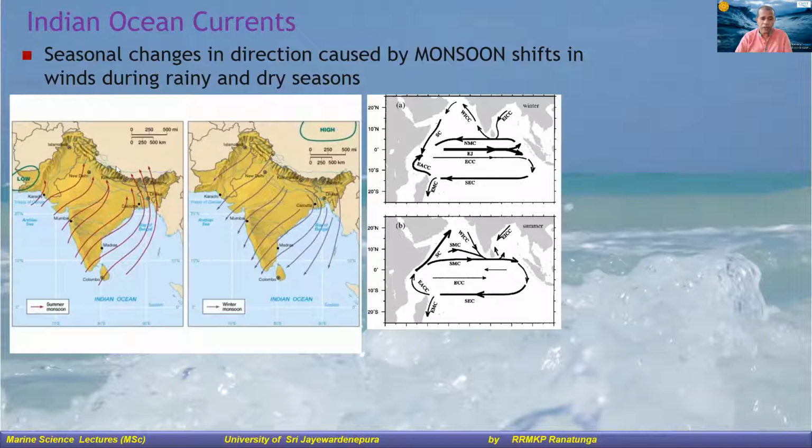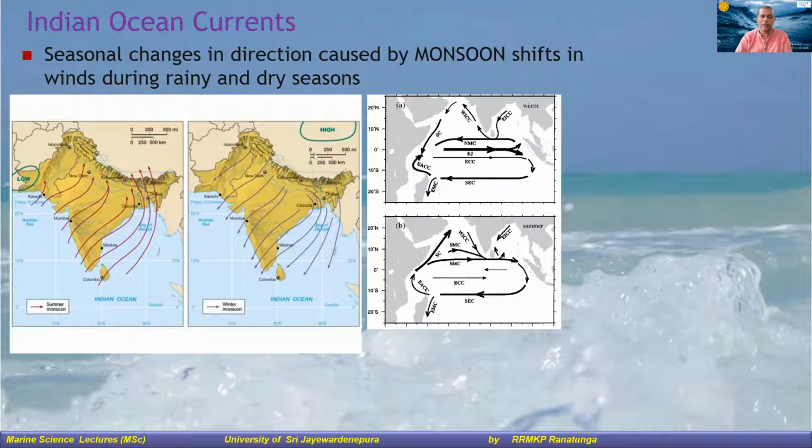Sorry, this is the other way around. When the overhead sun is in the Indian Ocean, in the sea, it is warmer here, and the land is colder on this side.